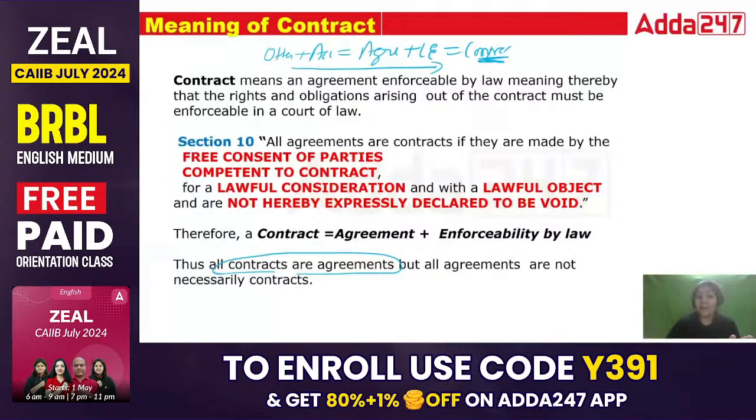But all agreements means social agreement, religious agreement, and legal agreement, so all agreements are not contracts. Social agreement cannot be a contract, religious agreement cannot be a contract, only legal agreement can become a contract. Exactly, Sanjay sir. So this is the meaning of this sentence.